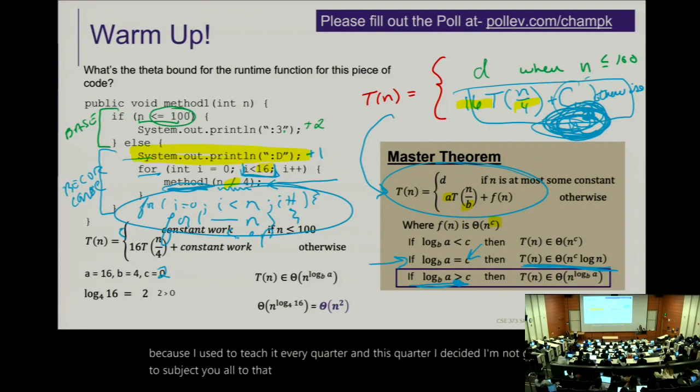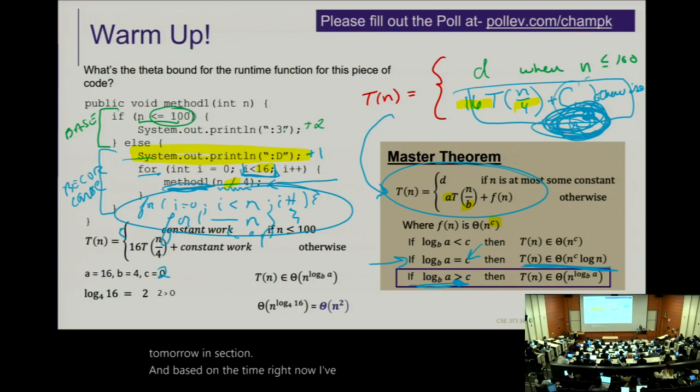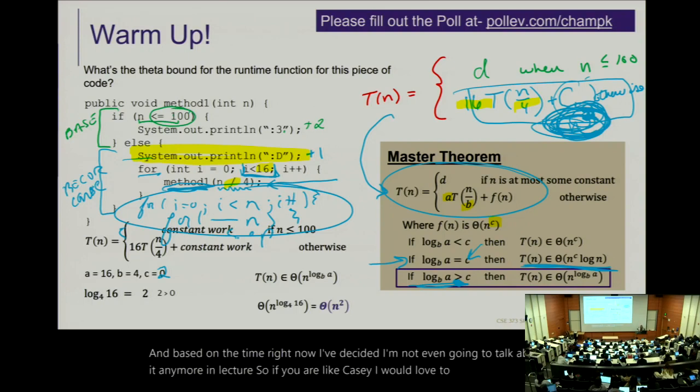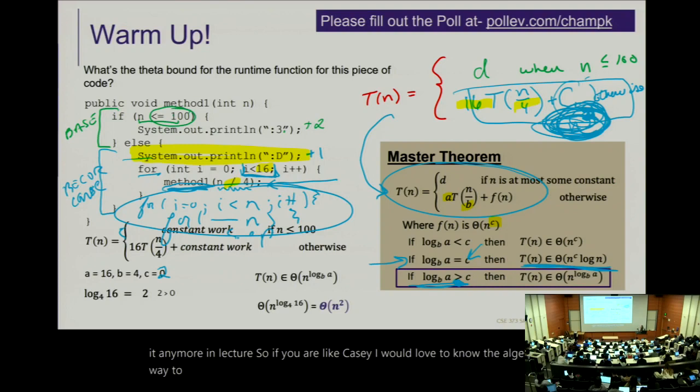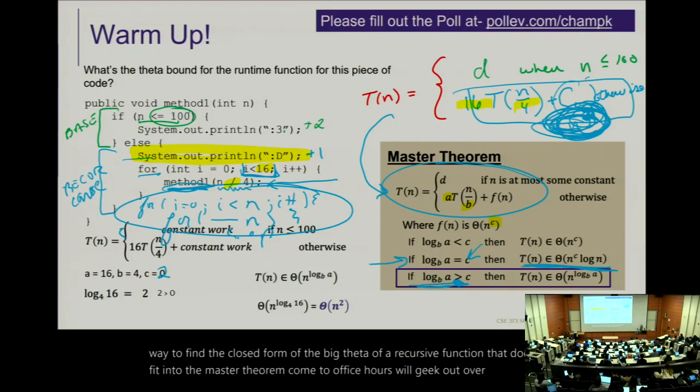Your TAs may or may not talk about it tomorrow in section. And based on the time right now, I've decided I'm not even going to talk about it anymore in lecture. So if you would love to know the algebraic way to find the closed form of the big theta of a recursive function that doesn't fit into the master theorem, come to office hours. We'll geek out over it. But for right now, I'm going to consider that out of the scope of the class.